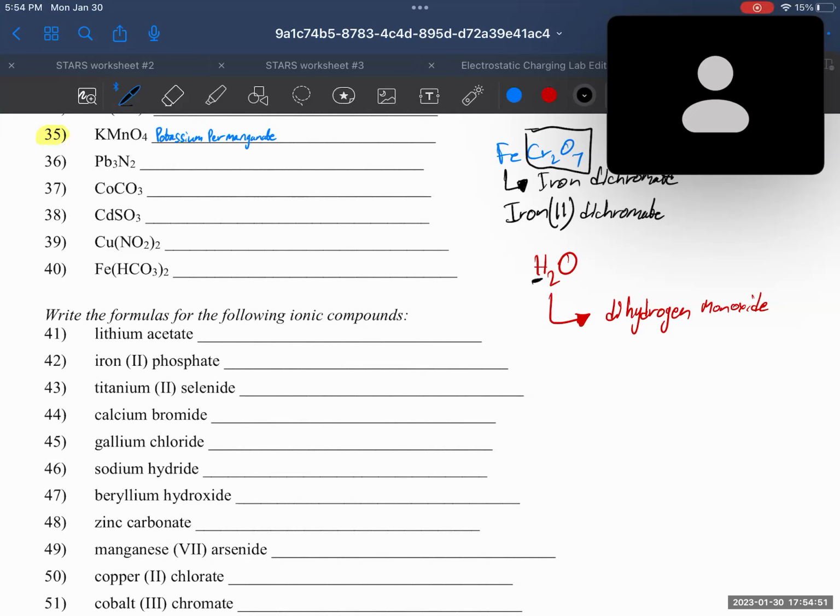And then explain to me why it isn't correct, if it isn't. Y'all do agree with me that water is indeed dihydrogen monoxide.